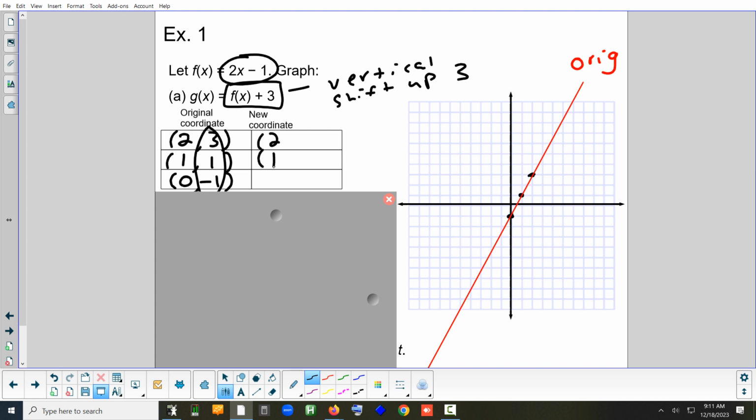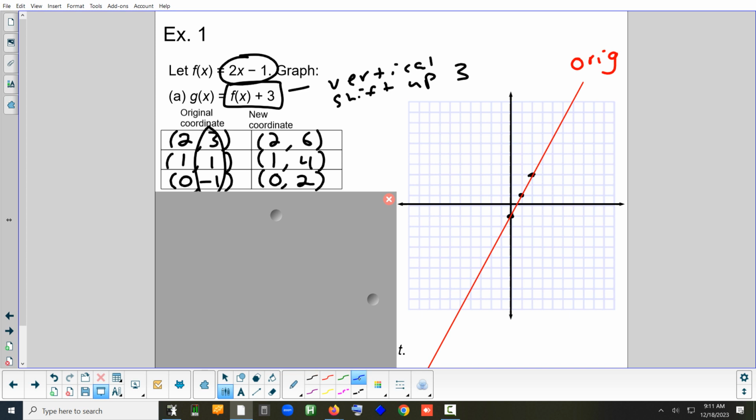That's going to be a 2, a 1, and a 0. Now we're going to add 3 to all the y values, and that should shift it up 3. What's 3 plus 3? 6. What's 1 plus 3? 4. And negative 1 plus 3? 2.